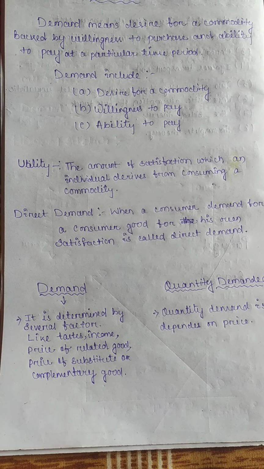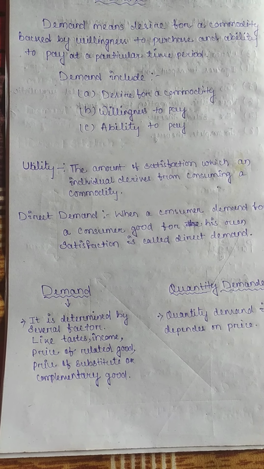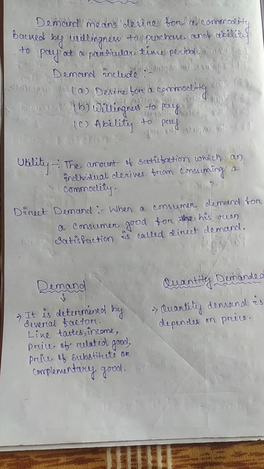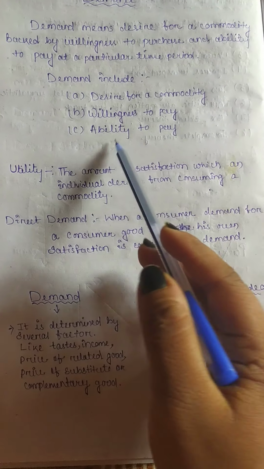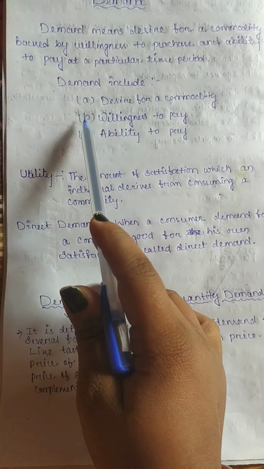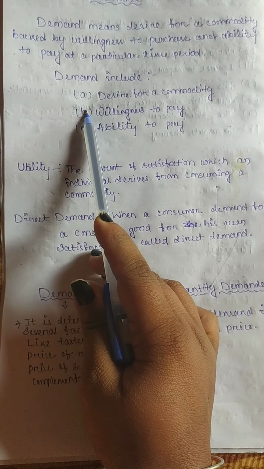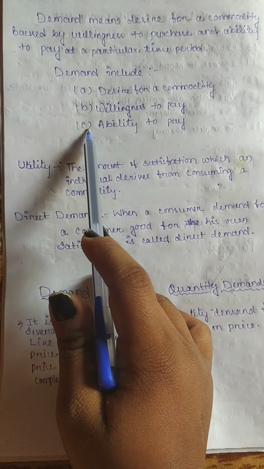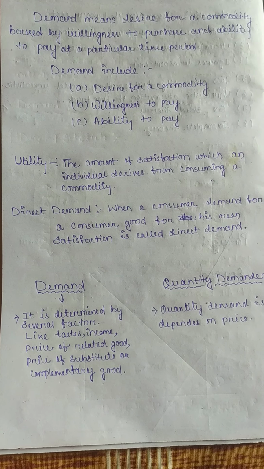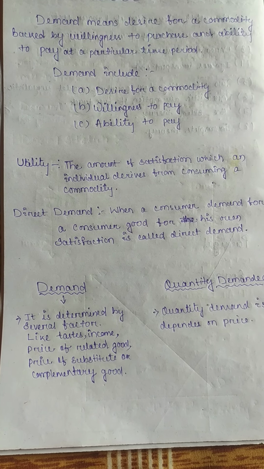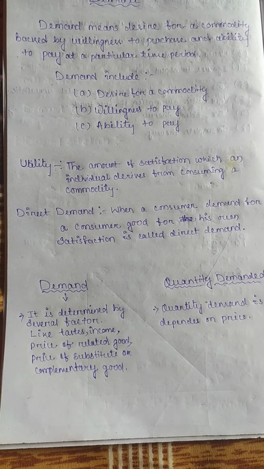For example, if a beggar doesn't have enough money to purchase a BMW car, but he has a desire for the commodity and willingness to purchase it, but he doesn't have the ability to purchase it, then this is only a desire for a BMW car for that beggar.